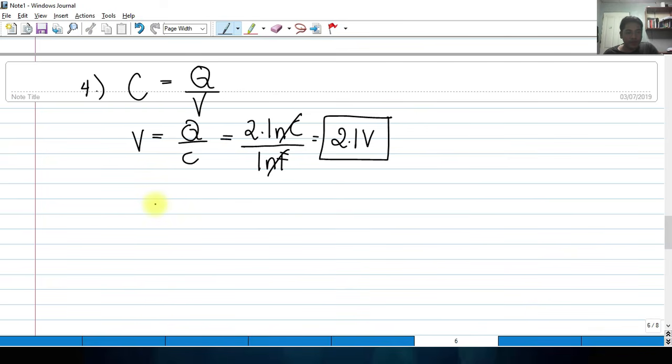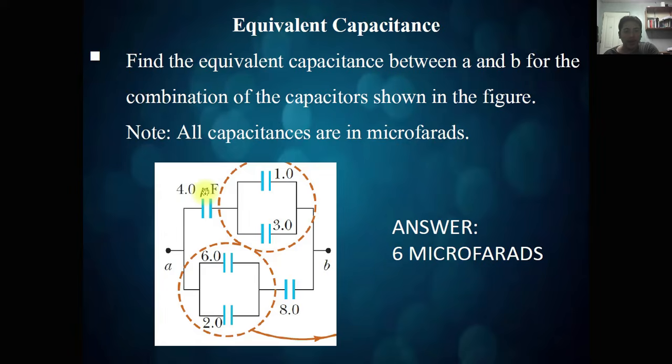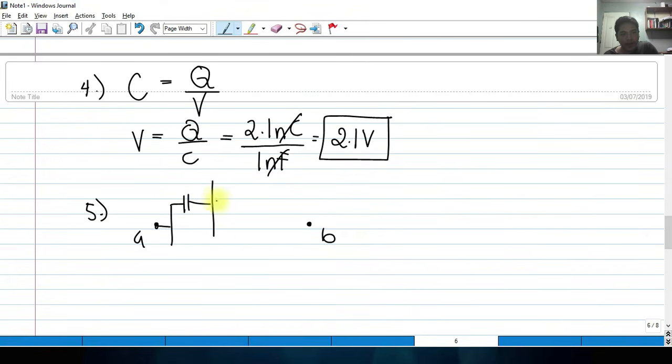So we have here number 5. We have terminals A and B here. Okay, so that we have 4 microfarads here, and we have 1 and we have 3 microfarads here.